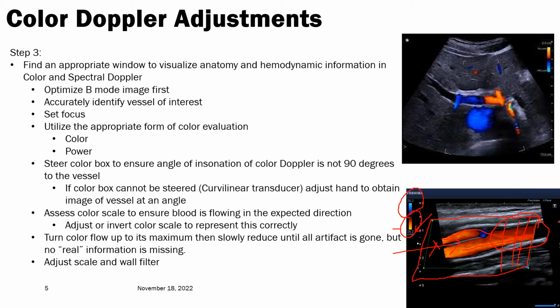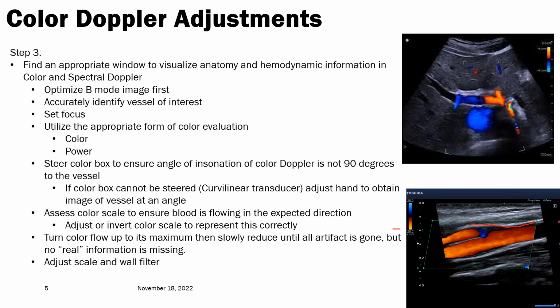Now, the last thing I wanted to mention when it comes to color, and this may or may not be a huge consideration for you, but lots of times we'll get a lot of flashing in the vessel wall that can be very distracting or maybe confuse you for a pseudoaneurysm or something like that. And so one of the things that can be helpful is something called a wall filter.